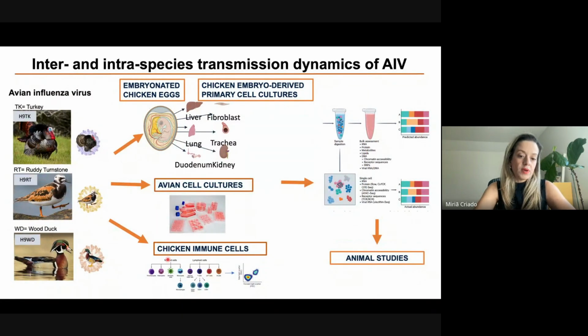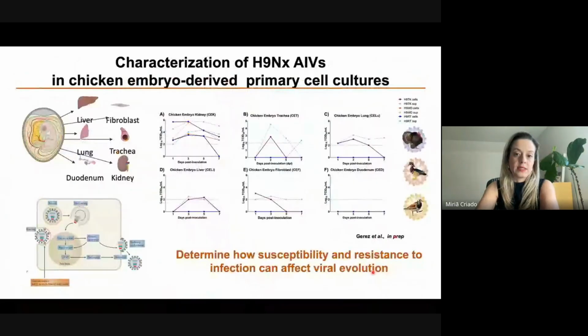And we also have been doing some work using chicken immune cells, trying to understand what role the cellular immune response plays, to later figure out what pathways are modified and give us some clues and some track if there is a specific pattern that can help us go more specific in animal studies, since we sometimes have limitations on which kind of animal we can use for that.